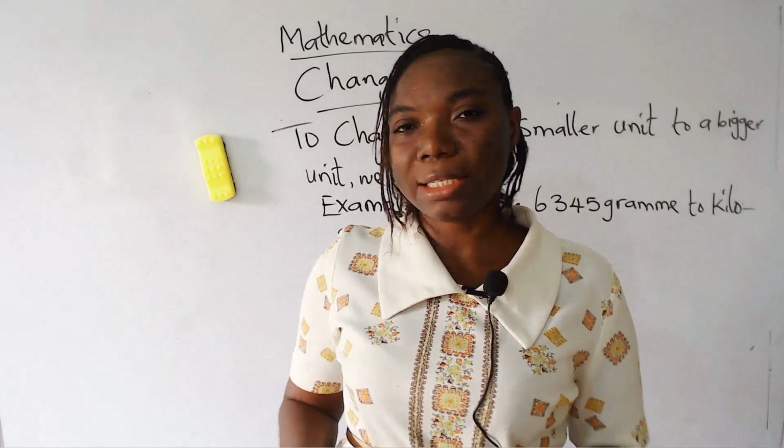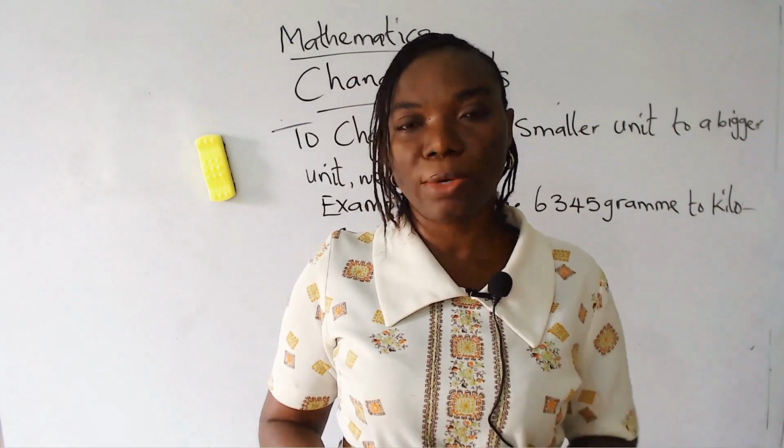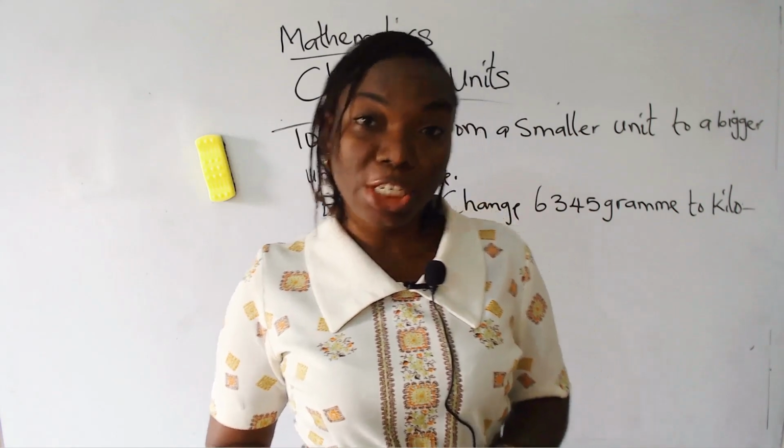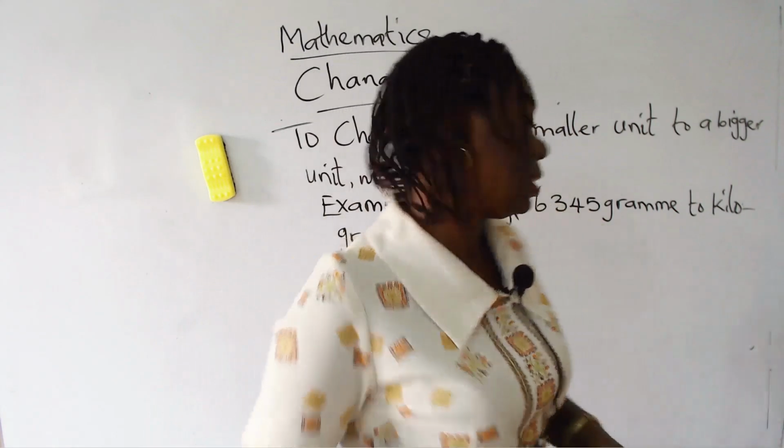You can see that we are converting or changing from the smaller unit to a bigger unit. We are changing from a smaller unit to a bigger unit. So we divide.